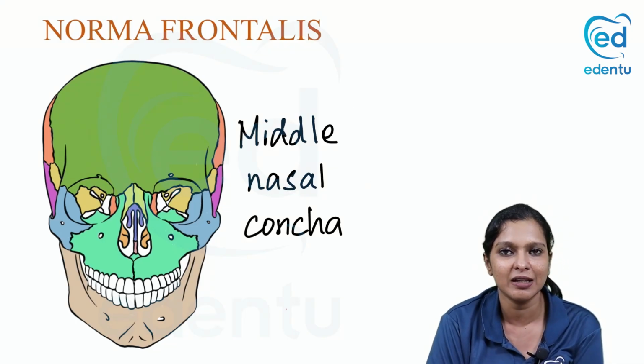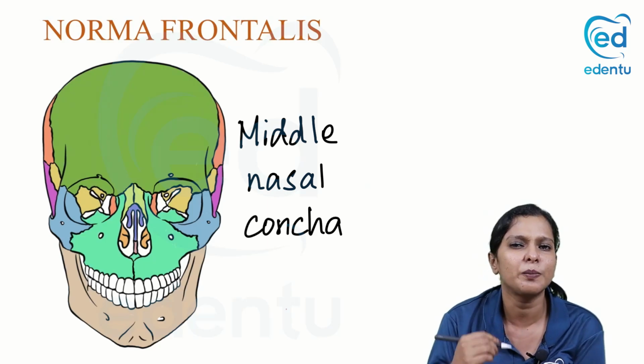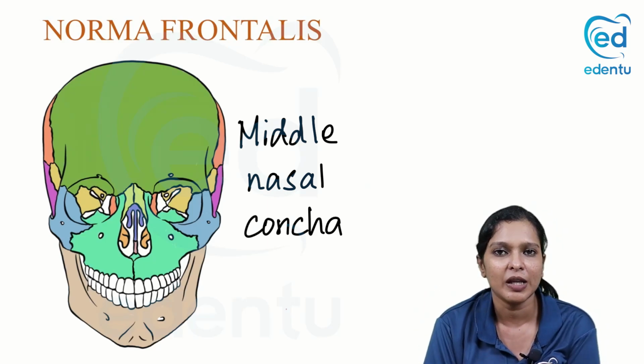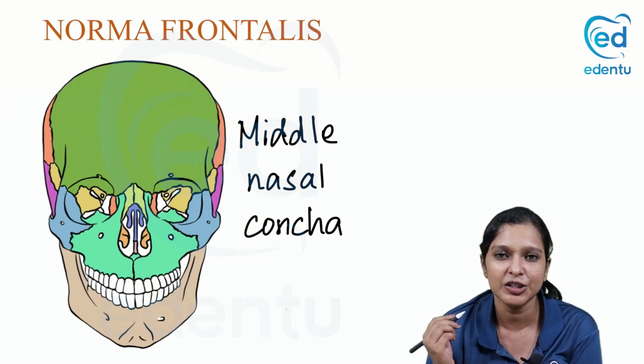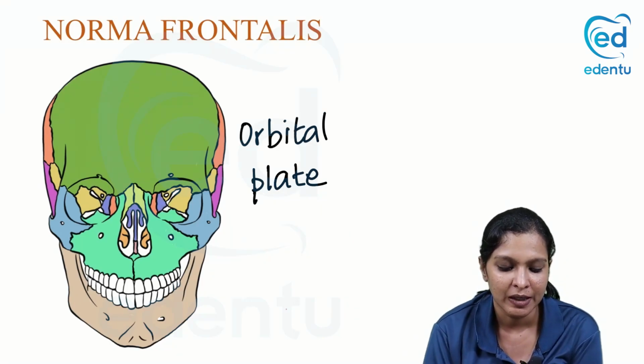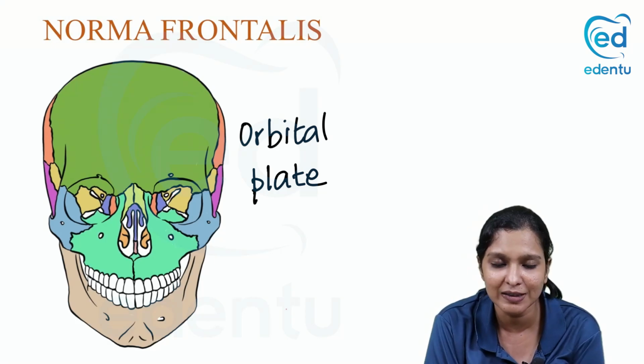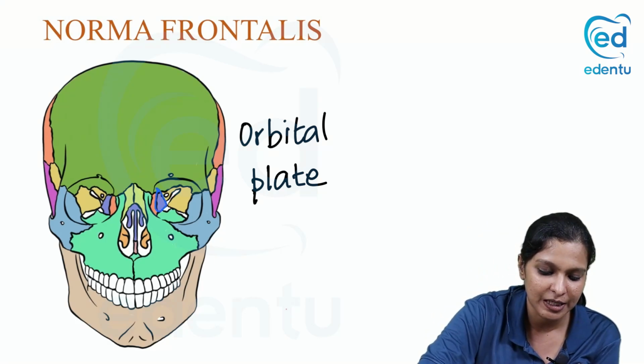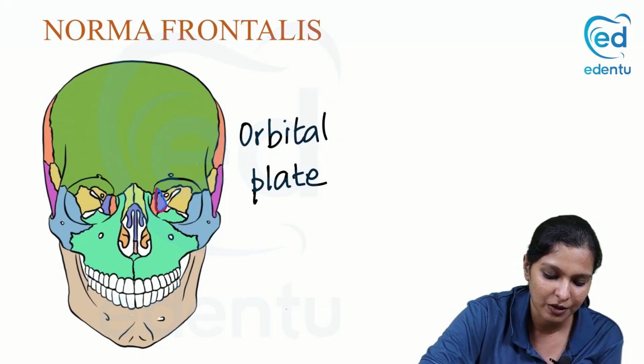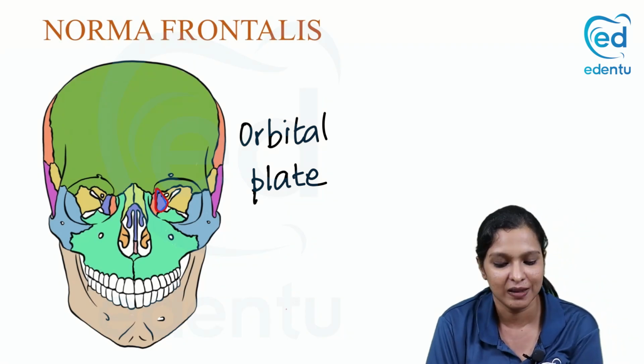Only the middle nasal concha is visible in this view. The superior is present above that. So that's the middle nasal concha, the shelf-like projection. The third part of the ethmoid visible in Norma Frontalis is the orbital plate. That's seen here. That's the orbital plate of ethmoid.